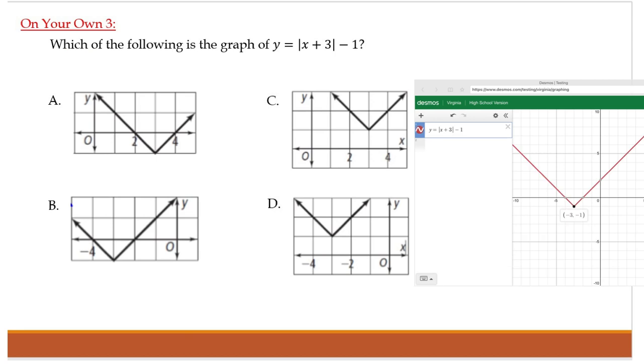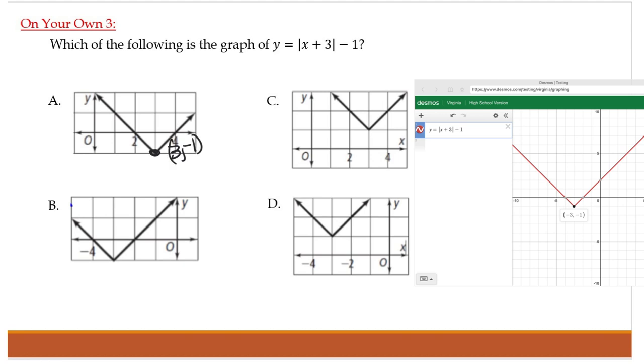All right, I'm asked which of the following is the graph, and this is just a matter of typing it into Desmos. And what I would look at on Desmos is the vertex point. The vertex point is -3, -1. So I would look at the vertex of each of the graphs that are shown. This vertex point is 3, -1.